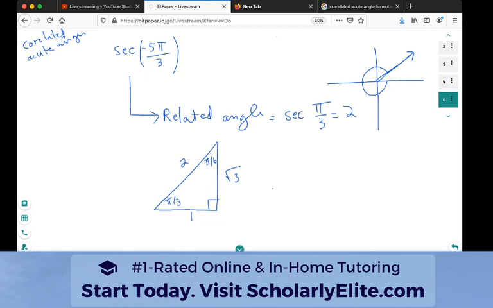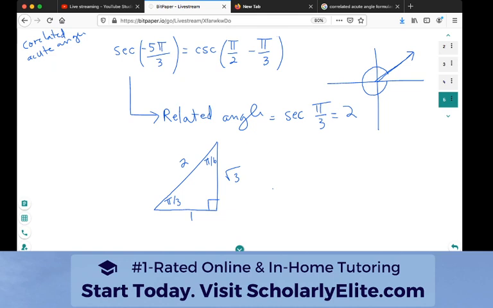So coming back to our correlated angle, what we're trying to figure out, obviously, is the inverse, or the opposite. So the opposite of this is the cosecant. And that makes it cosecant of pi by 2 minus pi by 3. And again, this is because it's in the first quadrant. If it's in a different quadrant, then it changes the rule.